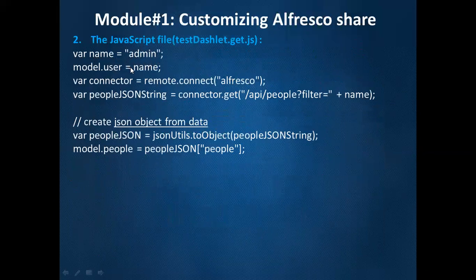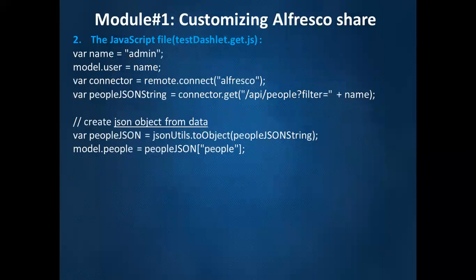How can I know that? Go to line number 4 and you can see the word filter plus name. What is name? I gave admin in the first line. So I want to filter only by name, only admin, which means I retrieve data of only the admin user in Alfresco.